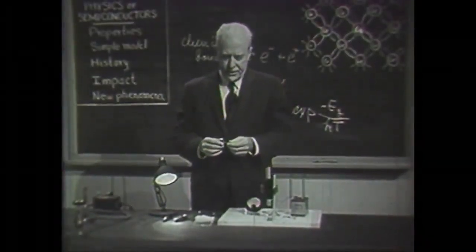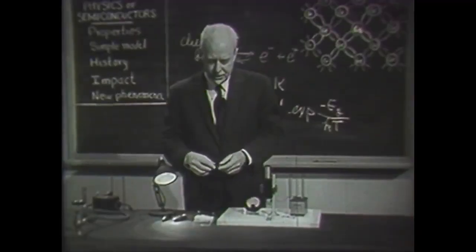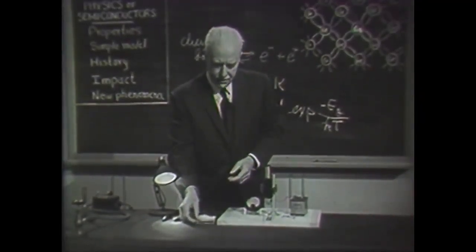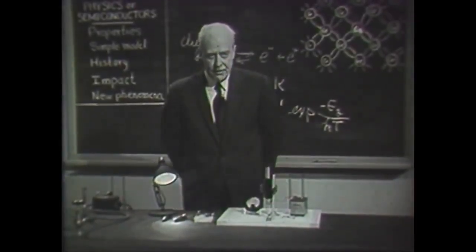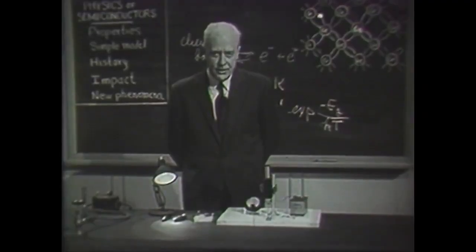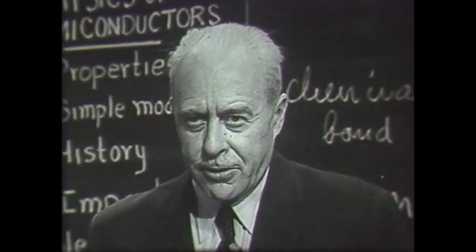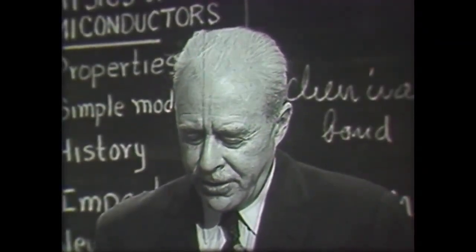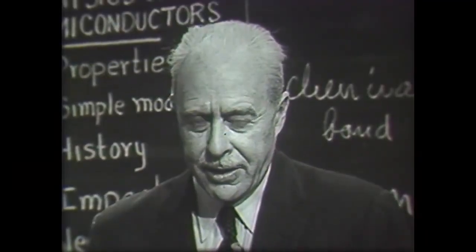The transparency of materials of this kind in the visible allows us to study another phenomenon. We've discussed how hole-electron pairs can be created by adding energy to these materials. The reverse process also occurs. When there are extra hole-electron pairs in these crystals, they recombine and they give out light.